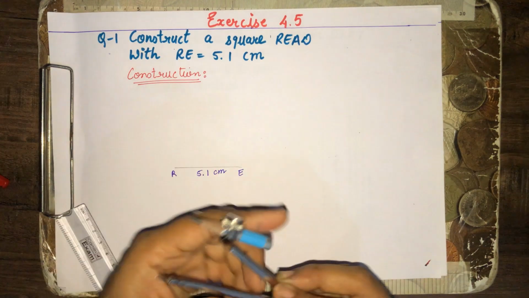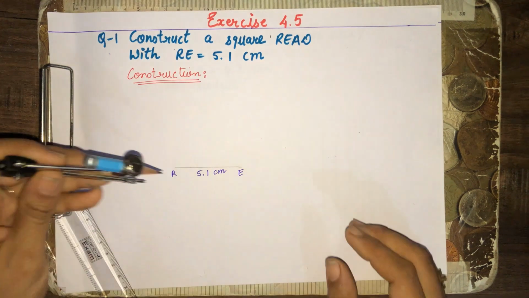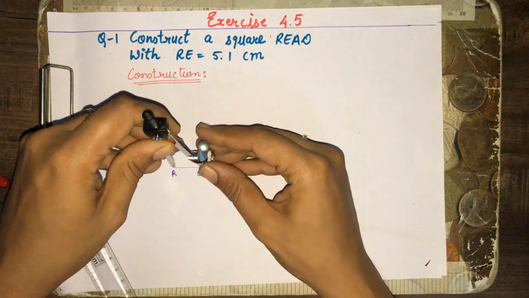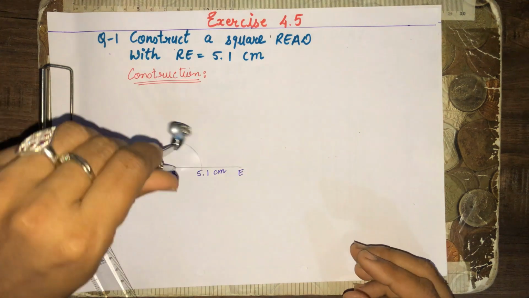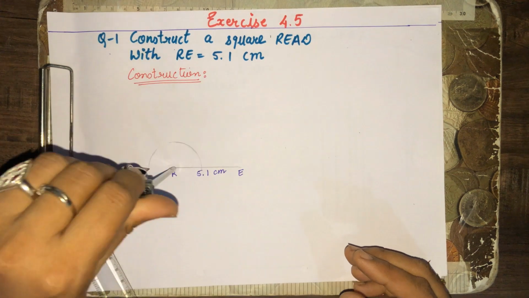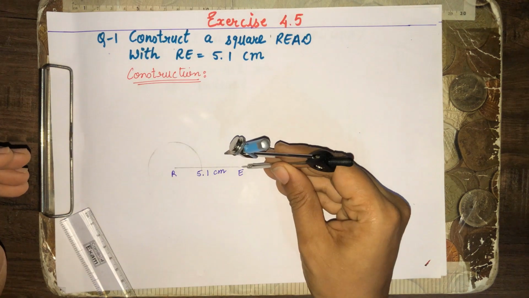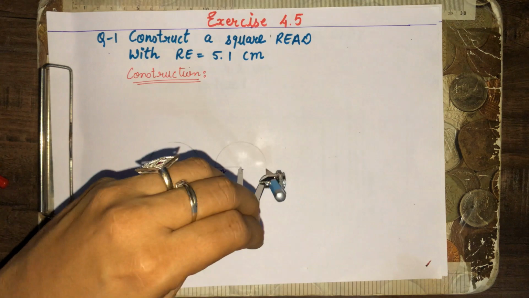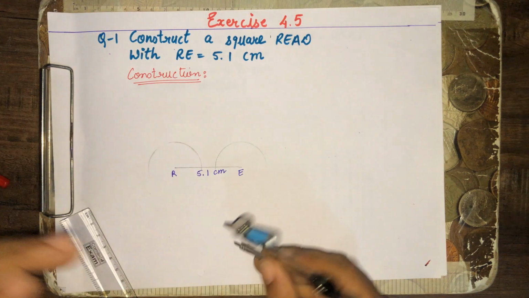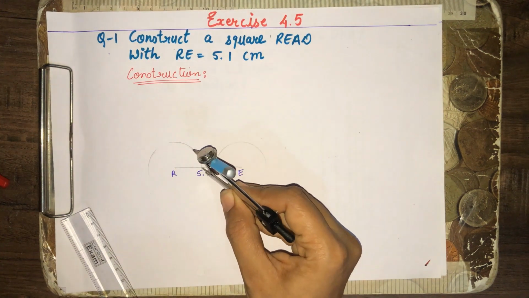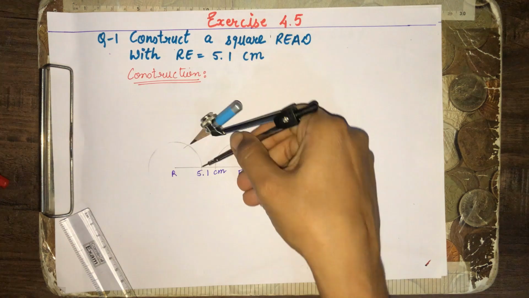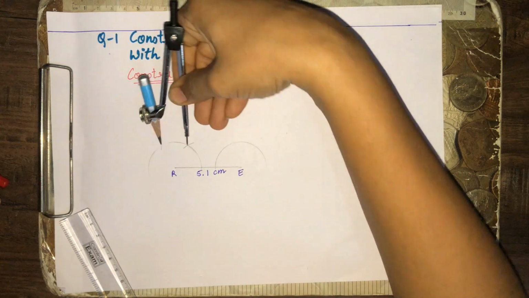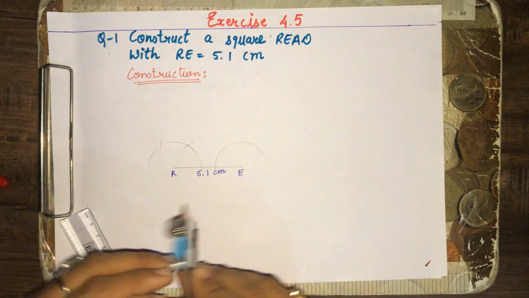For that I'll take a random radius, taking R as center, I'll put one arc. Same I will repeat from E. Now from this point of intersection I'll make one arc for 60 degrees, and one more I'll put for 120.